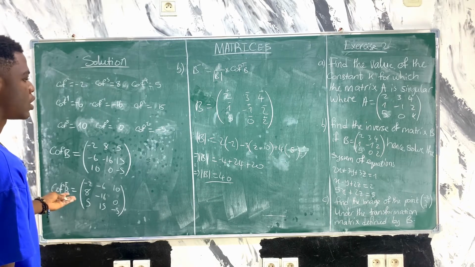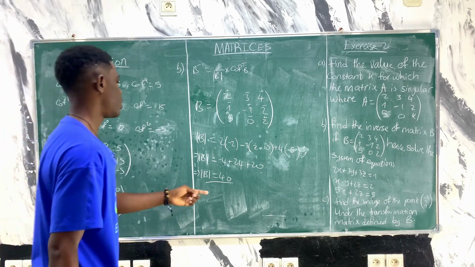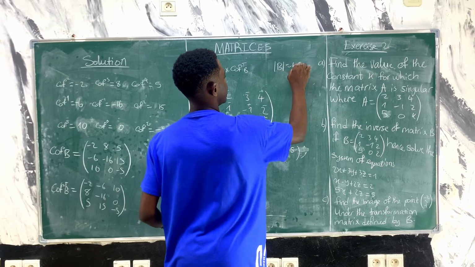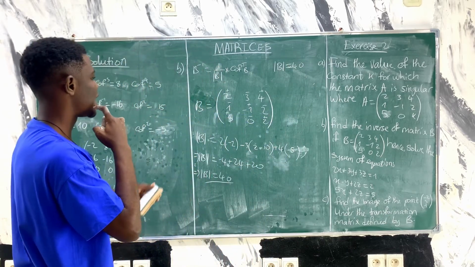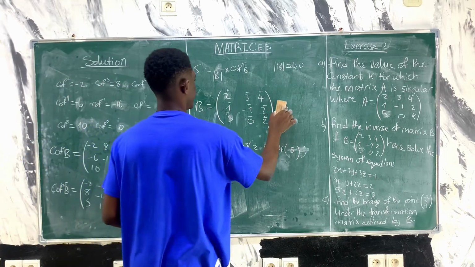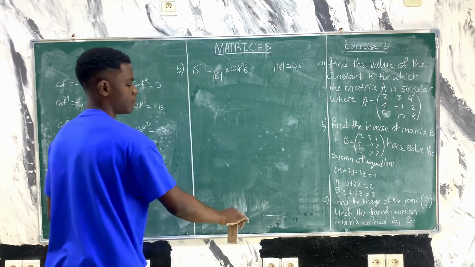So when we have the cofactor transpose and we have our determinant as 40, then we can find the inverse. So, how do I find the inverse? I'll have to write this.